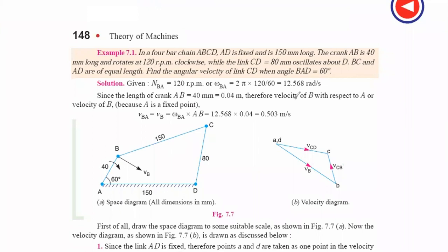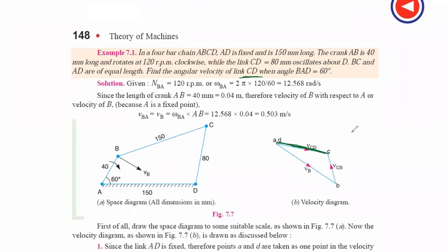Now, what the examiner was asking is to calculate the angular velocity of the link CD. So measure this length, Anjali. Suppose it is looking like velocity CD and velocity B are almost nearer to each other.